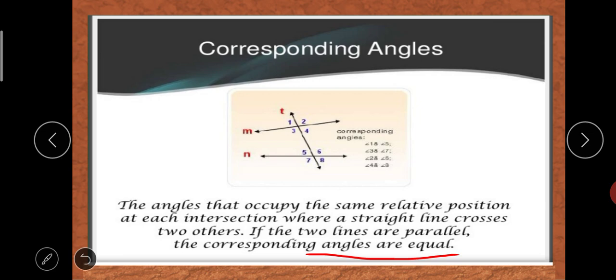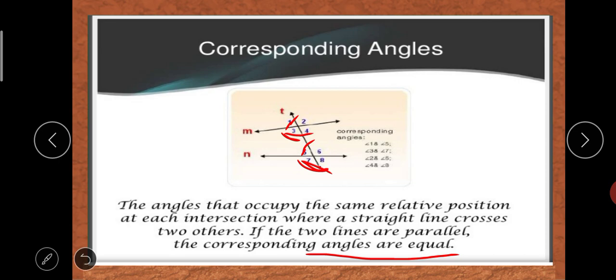Corresponding angles here are related to the same side. Now the angles written here, 1, 2, 3, 4, will be read as angle 1, angle 2. So angle 1 is equal to angle 5. Like that, angle 3 on the same side is equal to angle 7.